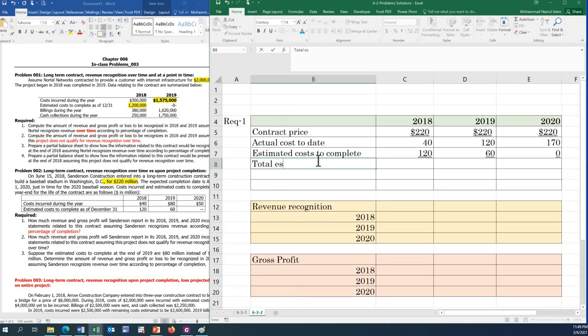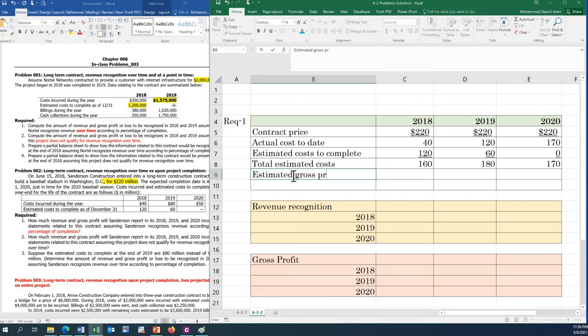So the total estimated cost should be the sum of these: 40 and 120, then 120 plus 60, and this should be equal to 170 plus 0.